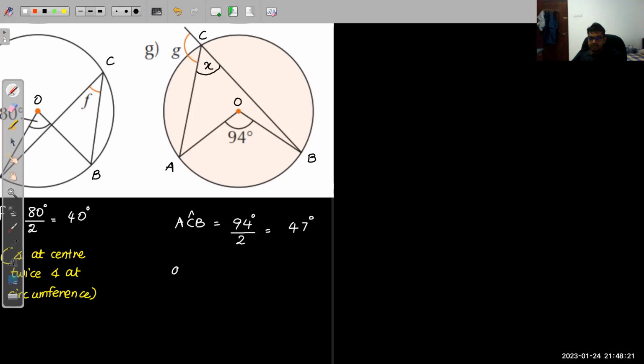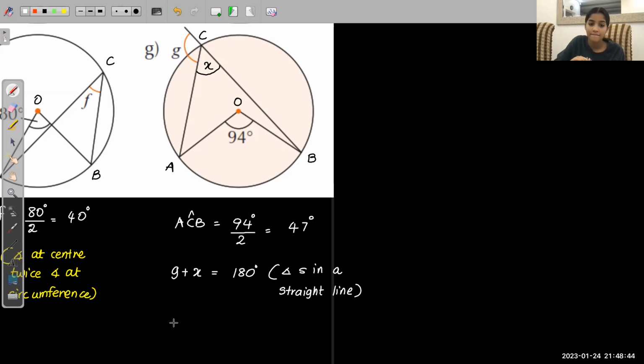So you can then write G plus 47 equals 180, angles in a straight line. Okay.